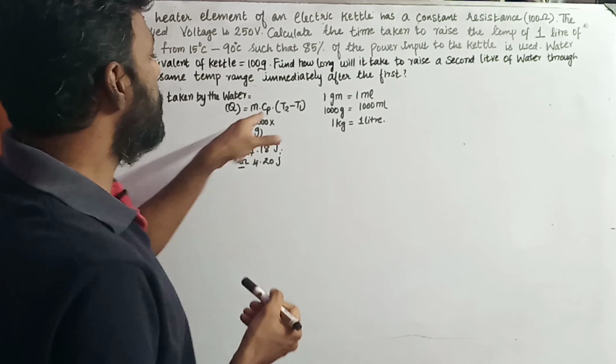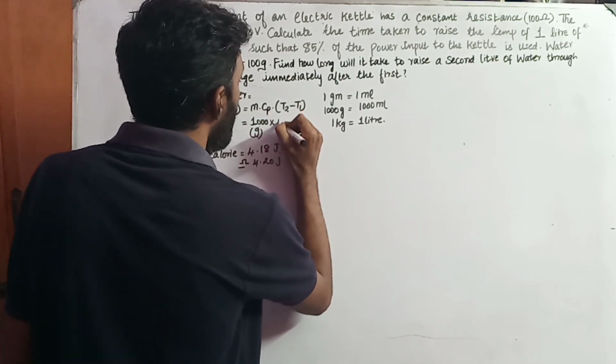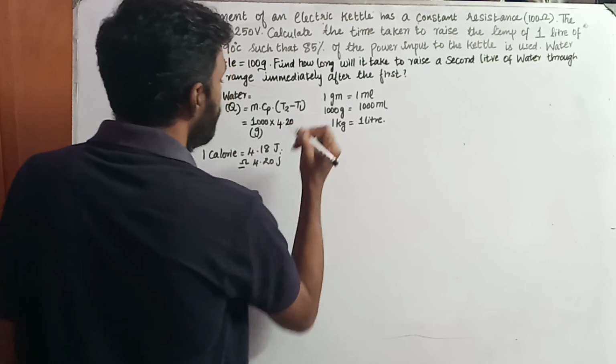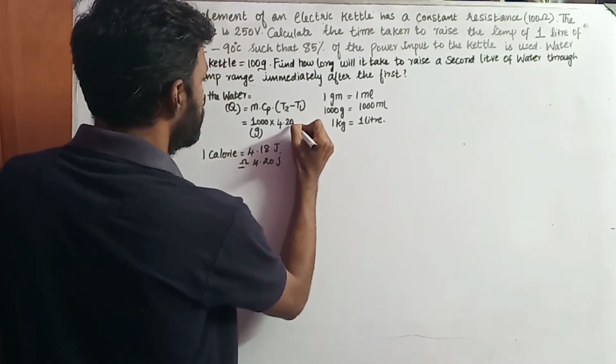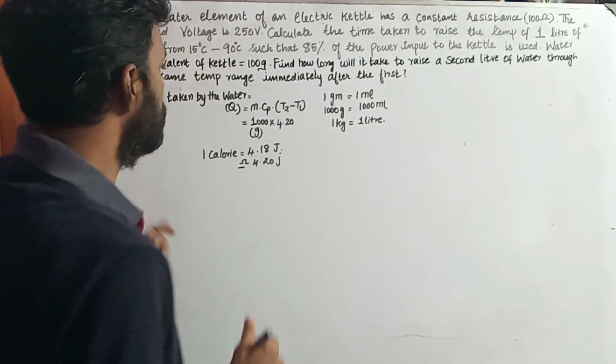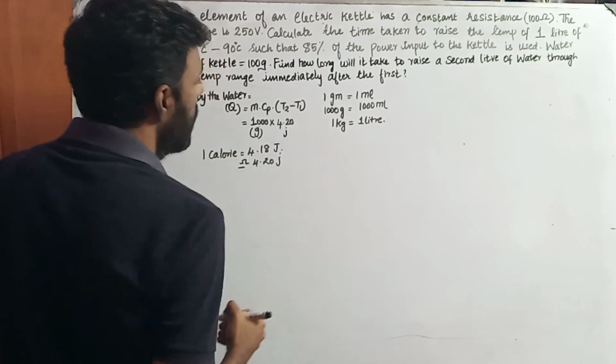So this Cp I can take as 4.20. So Cp will be 4.20, and this will be joules, right?